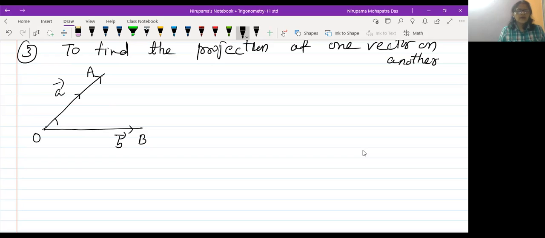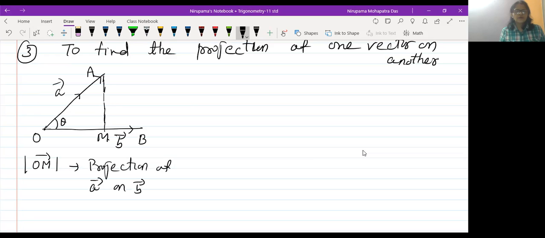The angle between A and B is theta, and theta is an acute angle here. Let me draw a perpendicular. Suppose AM is the perpendicular. Now the length OM is the projection of A on B.